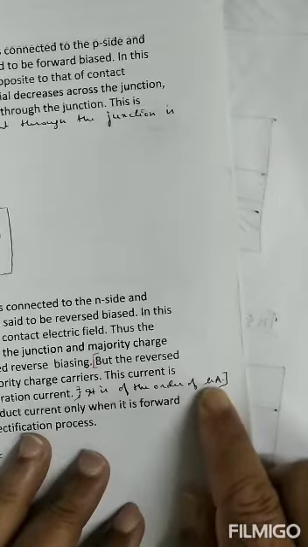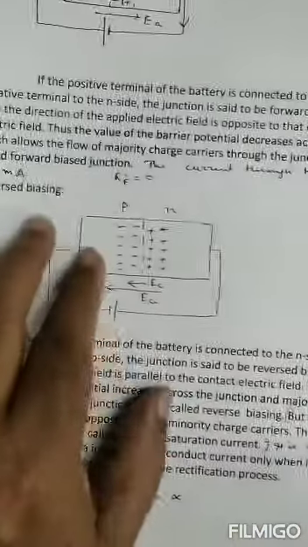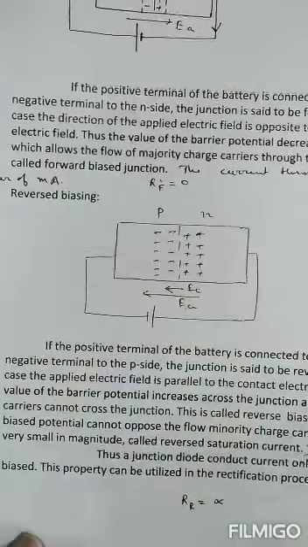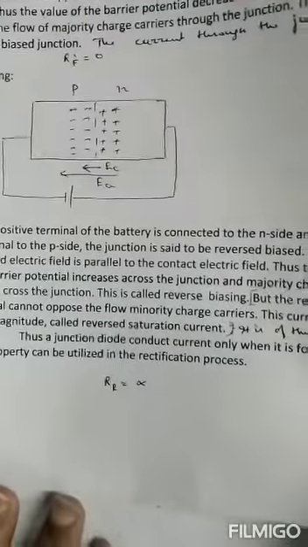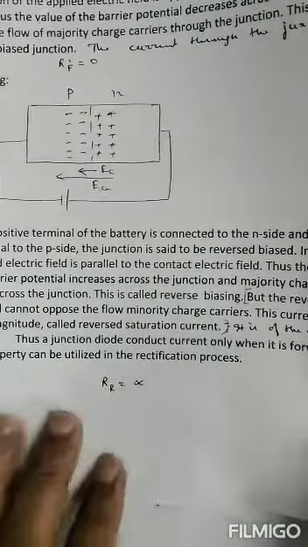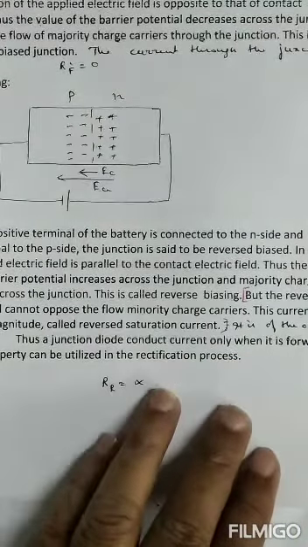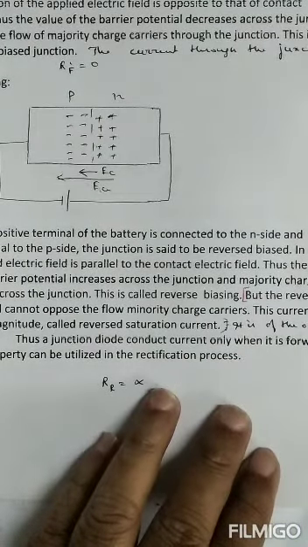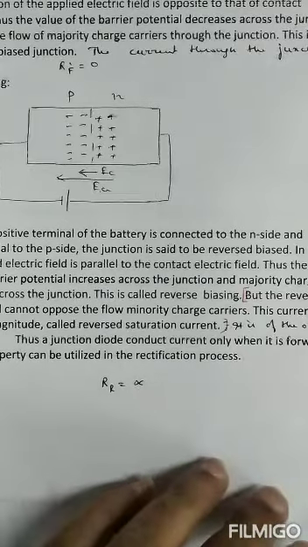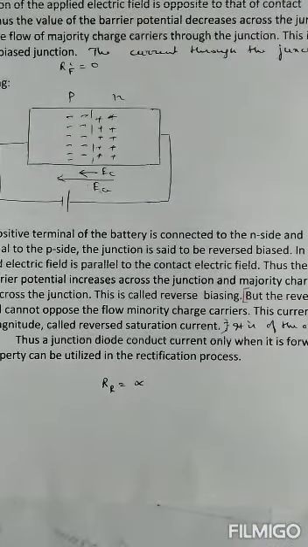Since this current is very small as compared to that of forward bias current, we can say that a junction diode conducts current only when it is forward biased. This property can be utilized in the rectification process.